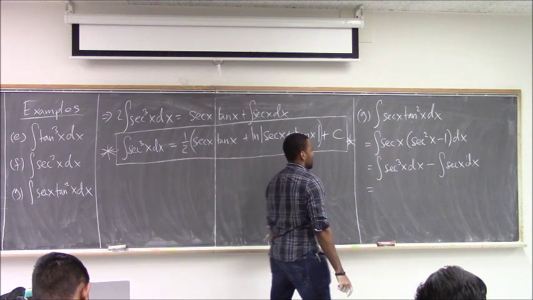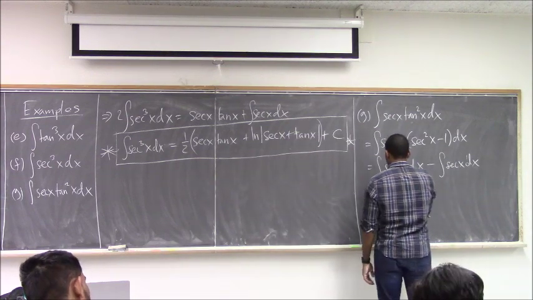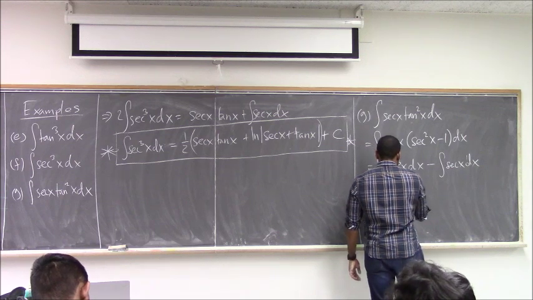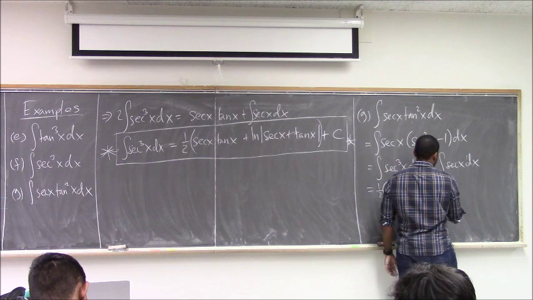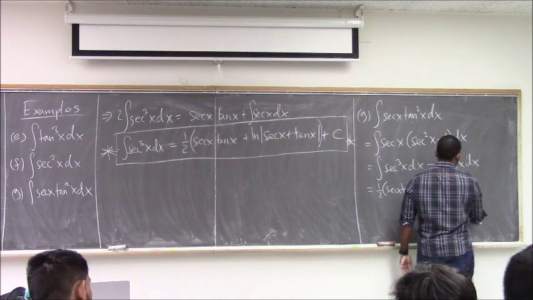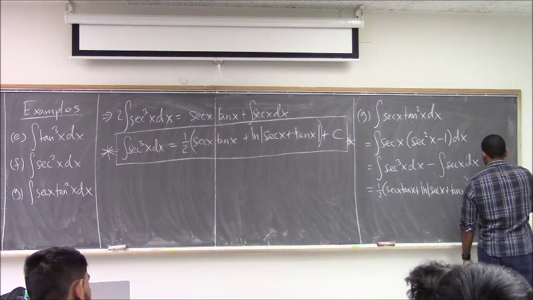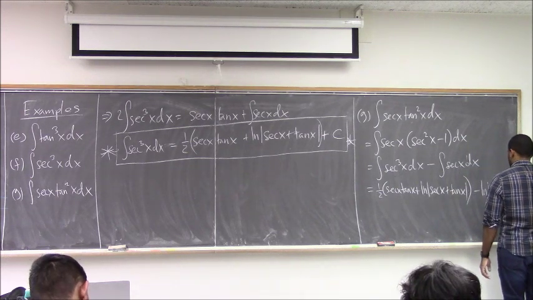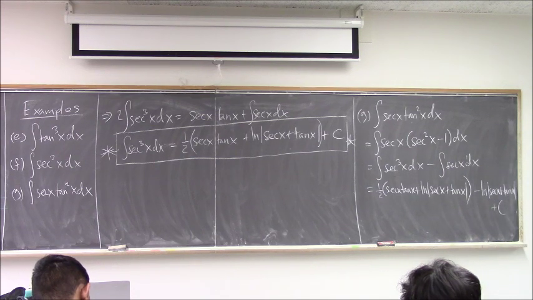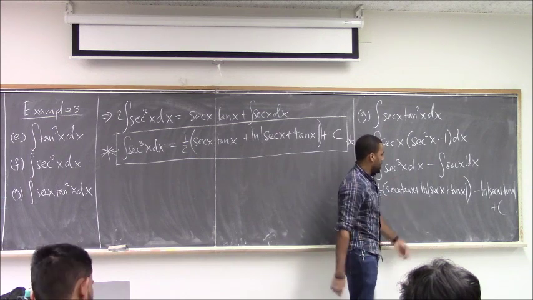And now we have 2 basic rules. Secant cubed, we know that. That's 1/2 secant x tangent x plus ln of secant x plus tangent x, minus the integral of secant, which is ln of secant x plus tangent x, plus c. And so we have a half of this minus that.